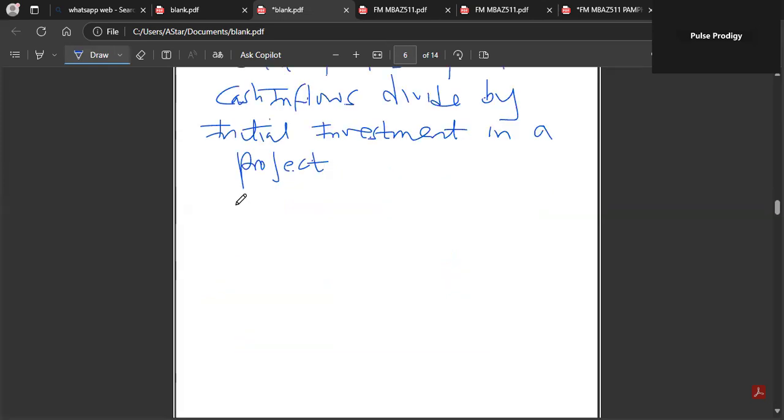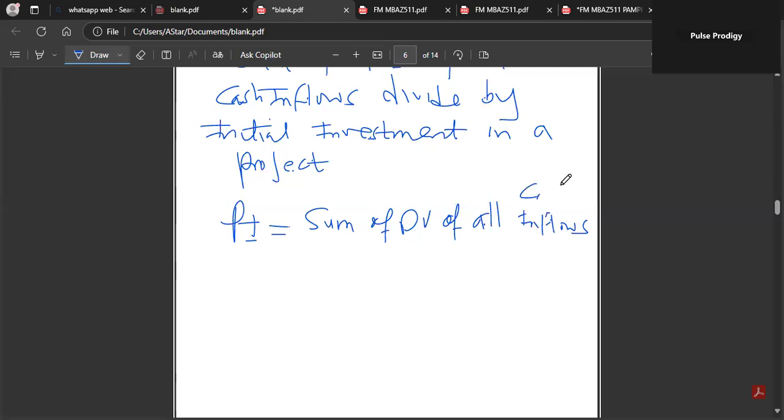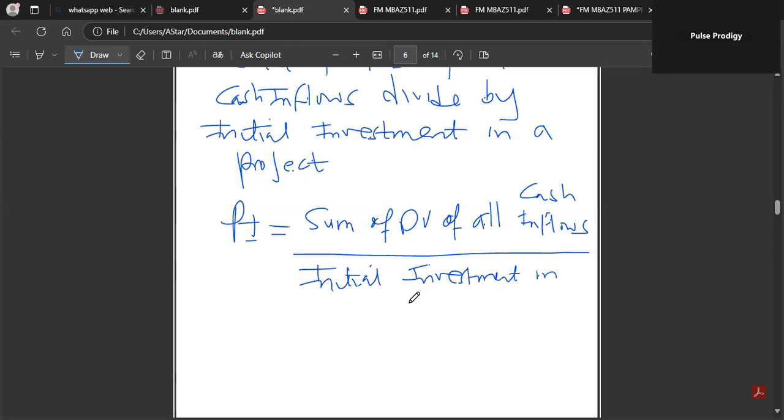So our PI is equal to the sum of present values of all cash inflows divided by the initial investment in a project.